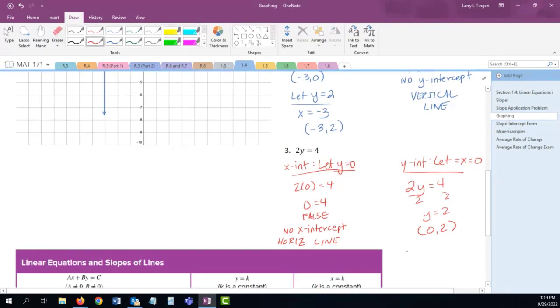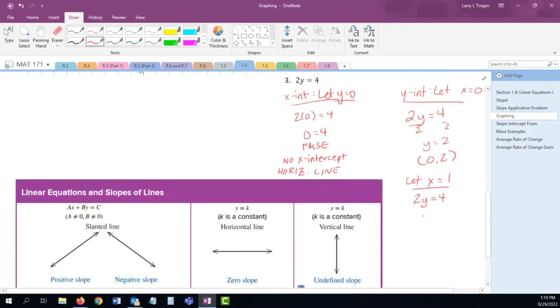Whenever you have a horizontal or a vertical, I'm going to let x be 1. All right, if x is 1, 2y is equal to 4, which means y is equal to 2. So I have the point (1, 2).